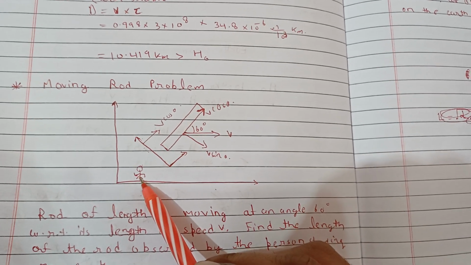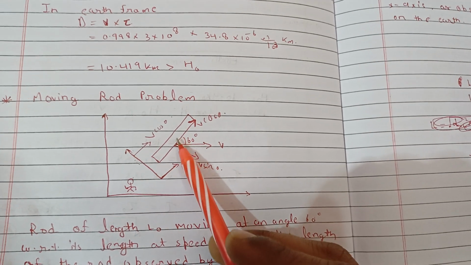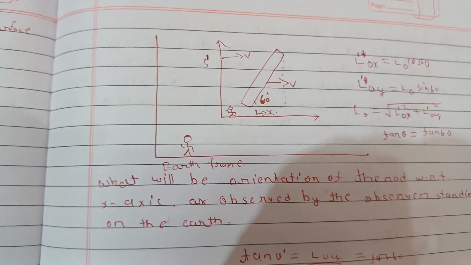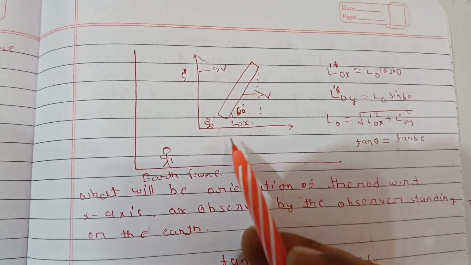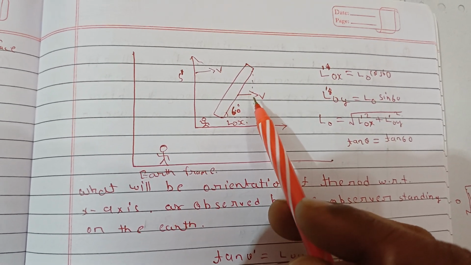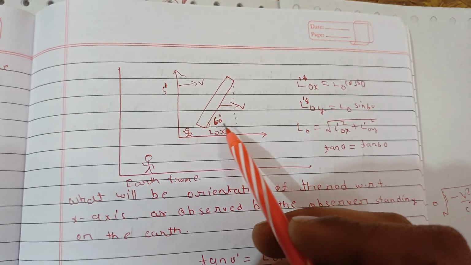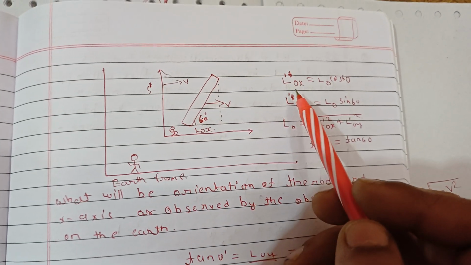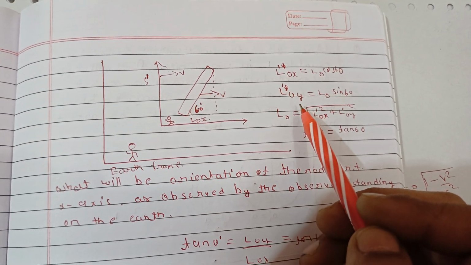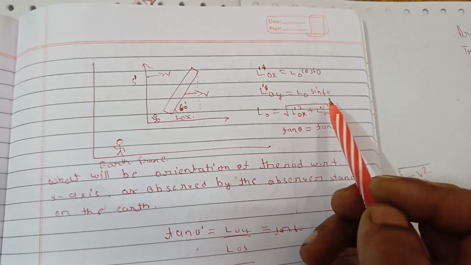So let's say if it is v, then it is v cos theta and v sin theta, and only this is going to contract, not this. Here, if it is L naught, then in this moving frame the coordinates L prime ox, the x component, will be L naught cos 60, and the y coordinate will be L naught sin 60.